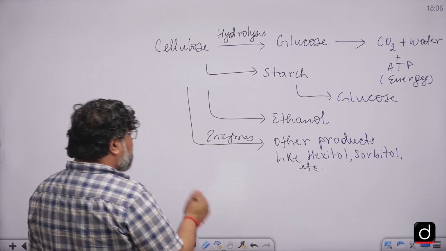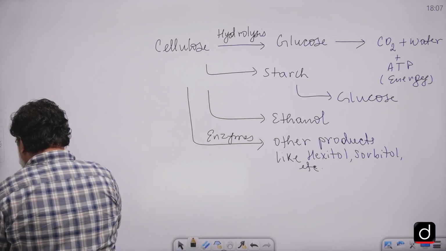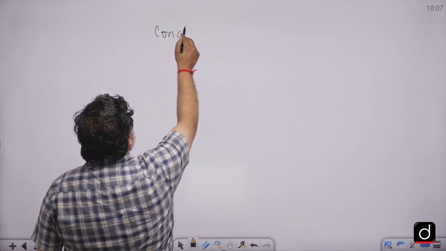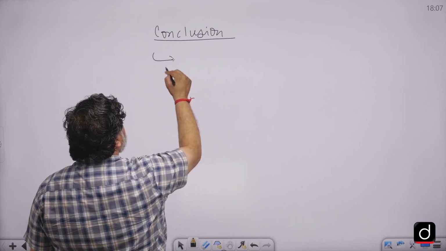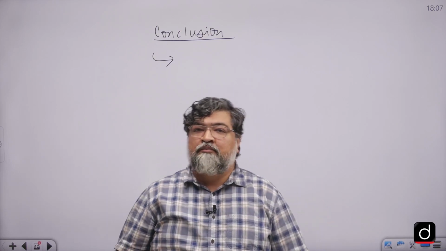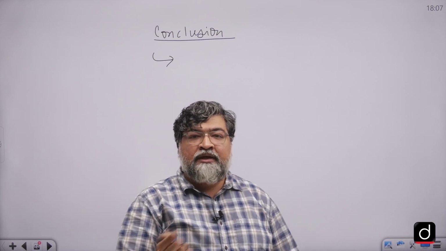Now what is the part of the end product? When you conclude the answer, in the conclusion part you can simply say that these are natural processes which happen, but we even use similar types of processes in industry.